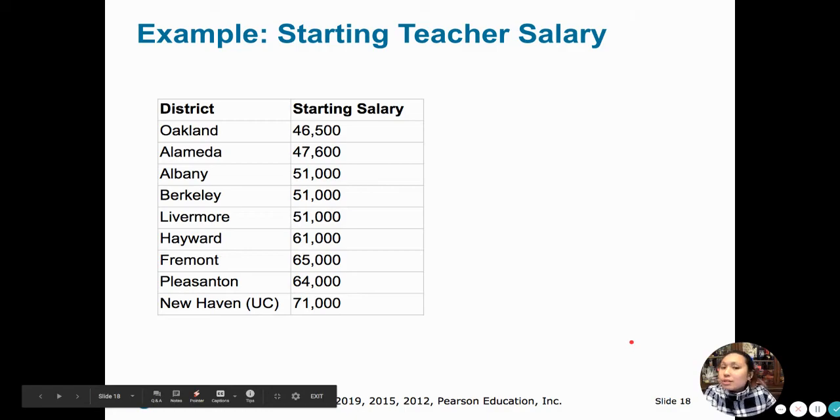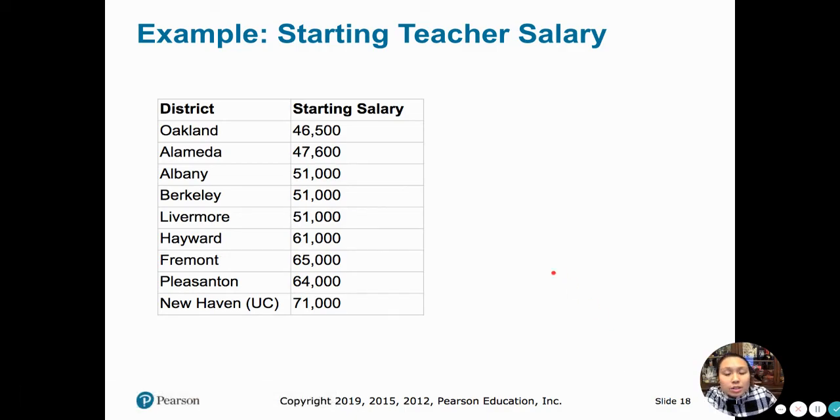All right, so here's another good one to think about. The starting teacher salary for a lot of districts in the Bay Area are listed right here. I believe I pulled this from 2019 or maybe 2018, but pretty recent. Now, if we went ahead and found the average of all of these salaries, the average is about $56,500.